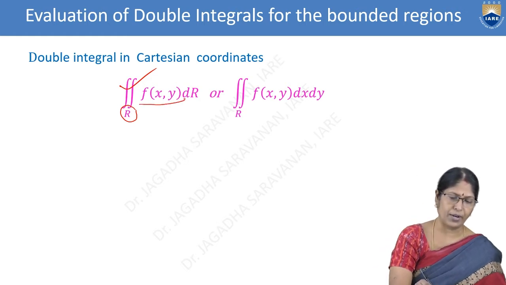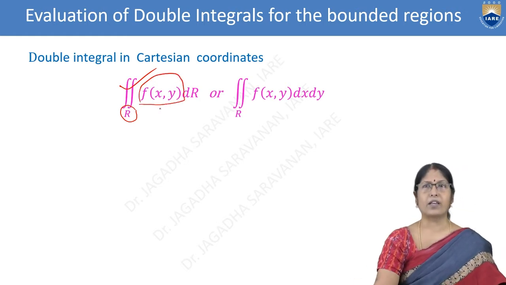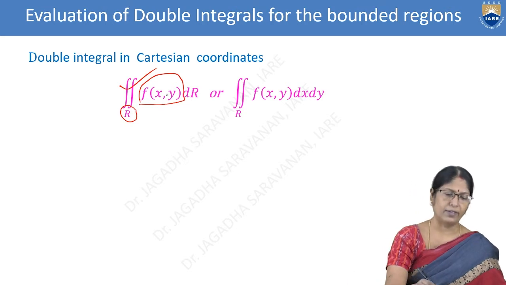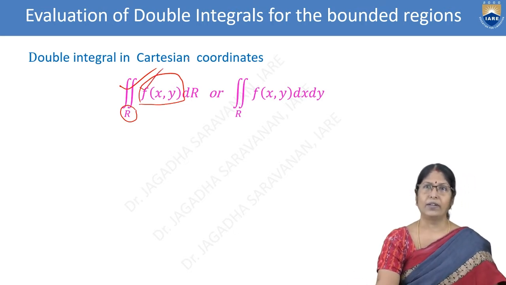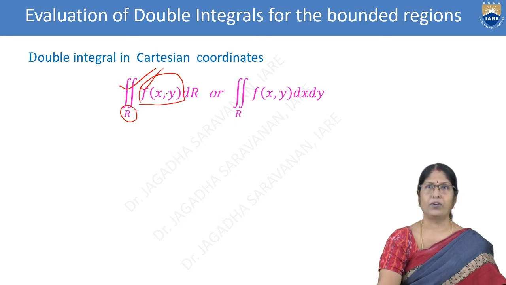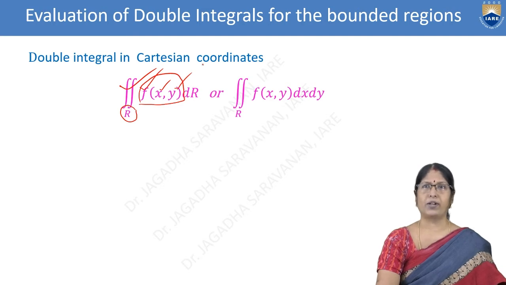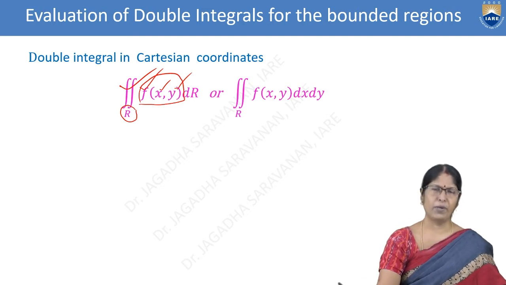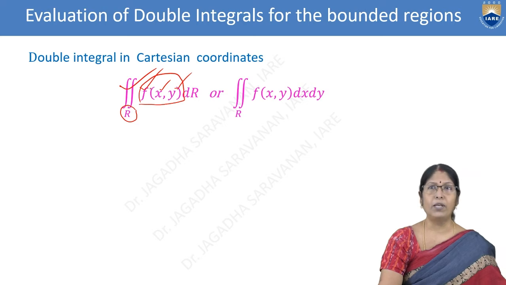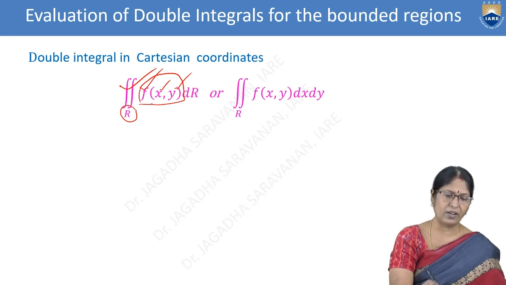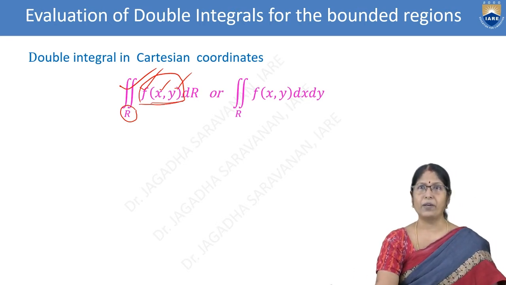Then the function f of x comma y is described in terms of variables x and y. Two variables are selected because it is a double integral, that is, the definite integral extended to two variables.